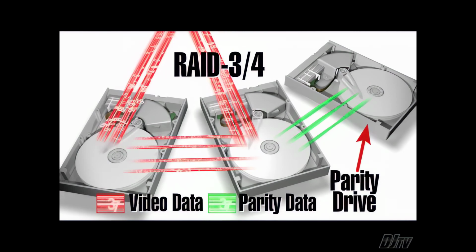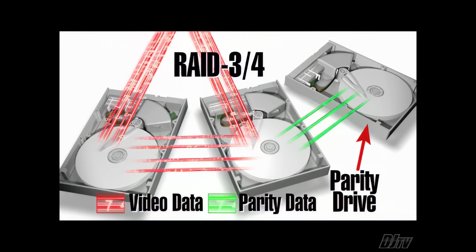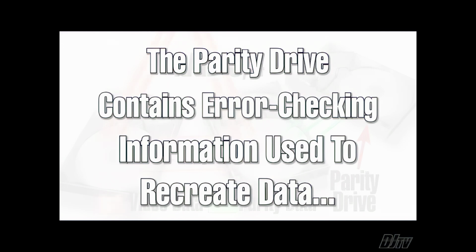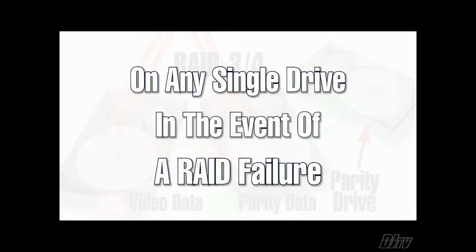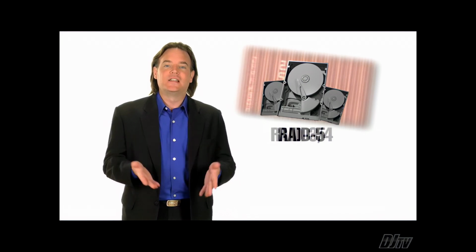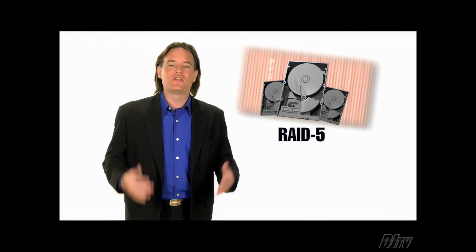The parity drive does not actually store a backup copy of the data on the other two drives, but instead retains error checking information that can be used to recreate data on any single drive in the array in the event of a failure.